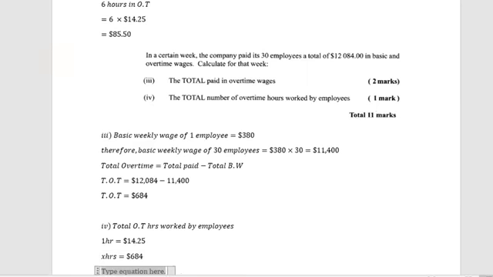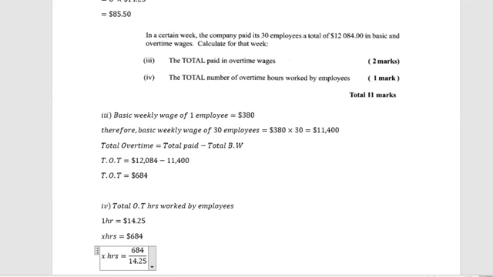So X hours is equal to $684 divided by $14.25. And when you do that calculation, what you will get is 48 hours. So the total amount of overtime hours worked by employees in this specific week is 48 hours.